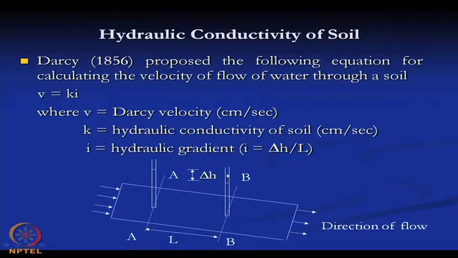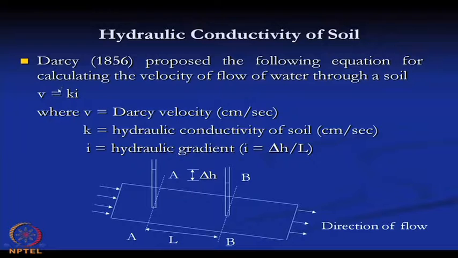So, if this height difference is del H and the length between these two points A and B is L, then the hydraulic gradient I can be defined as del H divided by L. So, from this expression we can calculate the velocity of flow in a soil as hydraulic conductivity into hydraulic gradient.